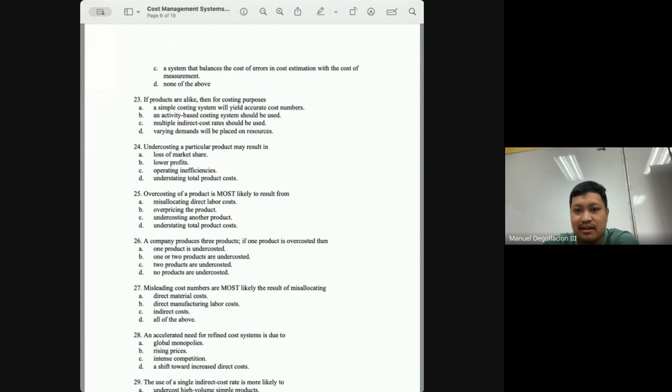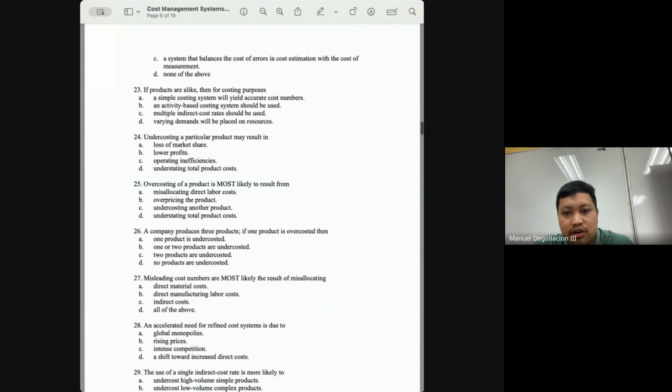23, if products are alike, then for costing purposes, answer here is, since they are just the same, answer is letter A. A simple costing system will yield accurate cost numbers. 24, undercosting a particular product may result in loss of market share, not necessarily.